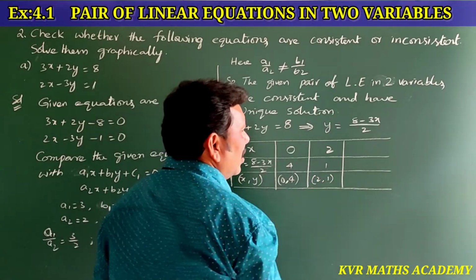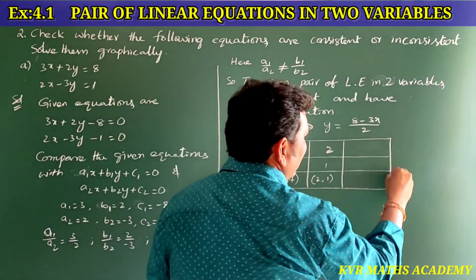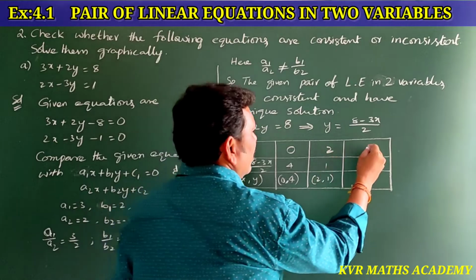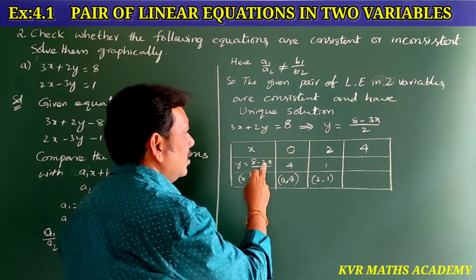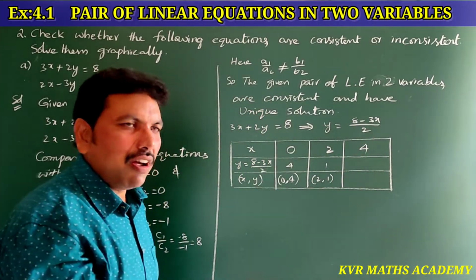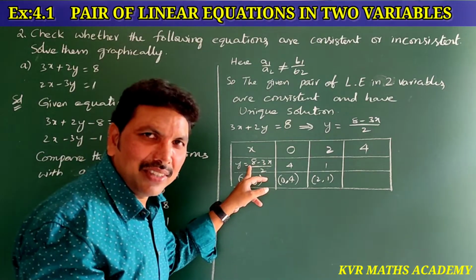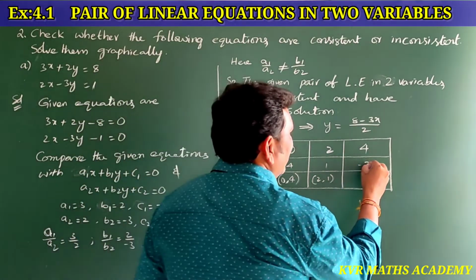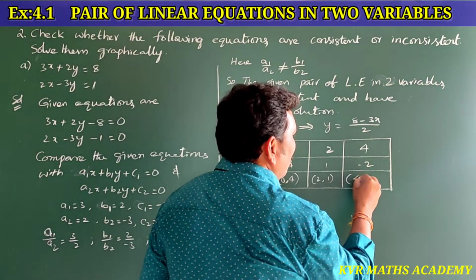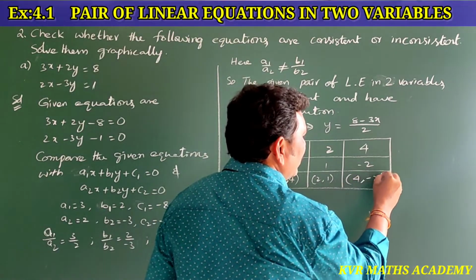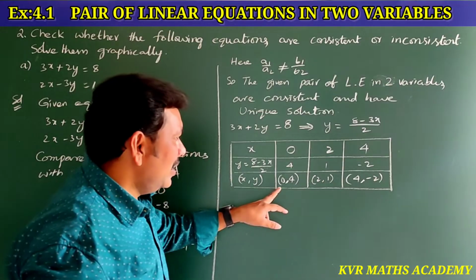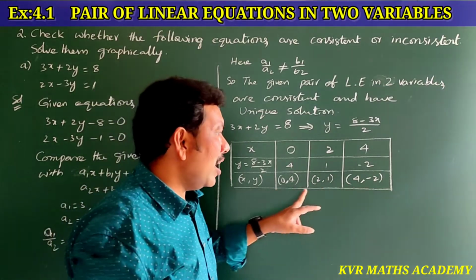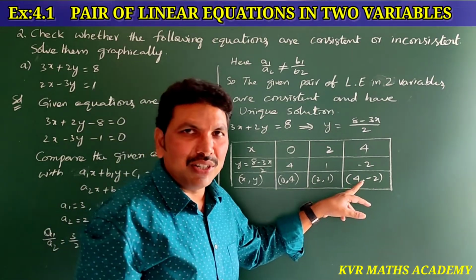Yes, 2 comma 1. Another one, let us take 4. 3 4s are 12. Minus 12 plus 8, minus 4. Minus 4 by 2, minus 2. This point is 4 comma minus 2. Right. So for these 3 points we have to draw the line on graph sheet.